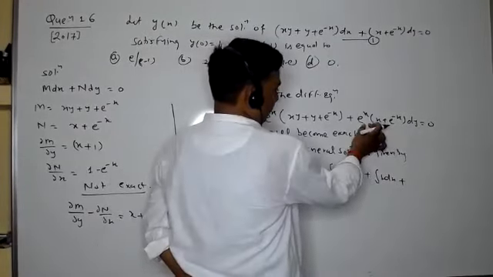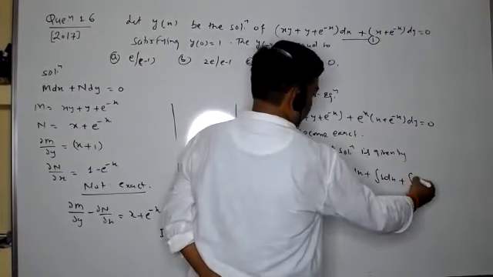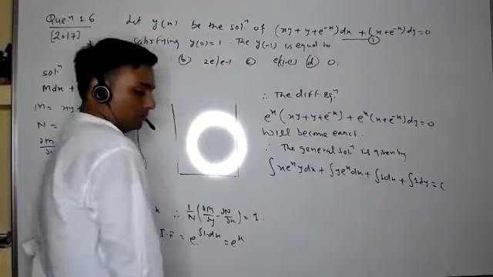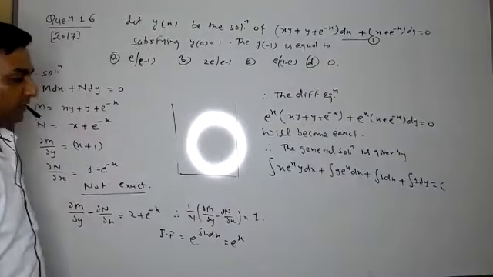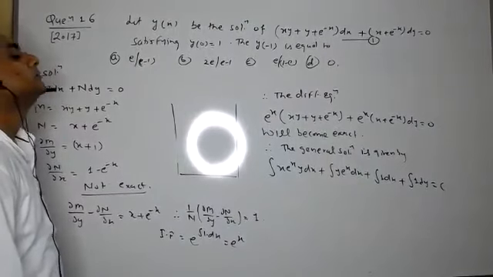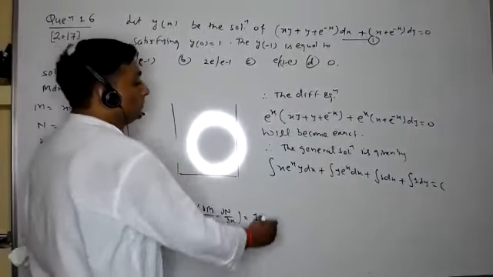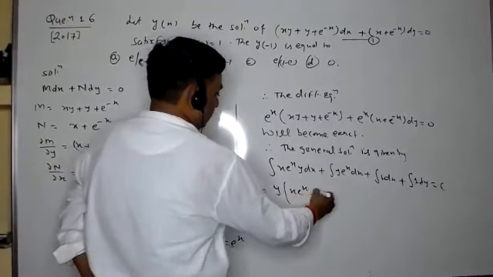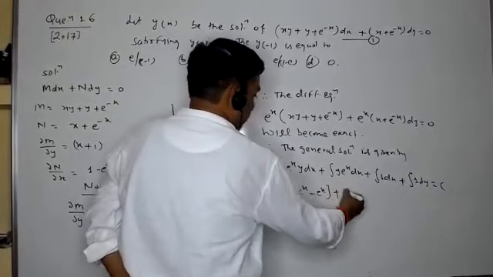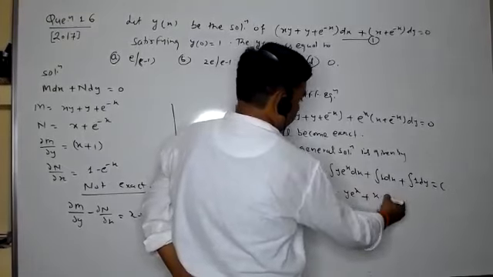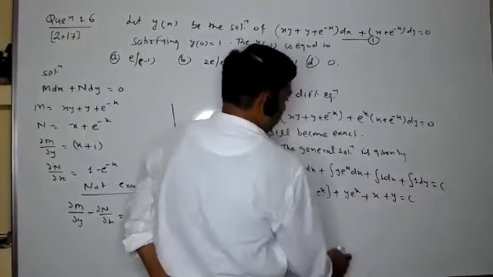This contains x, this contains the constant term, right? Hariom, did you get that point? Yes, sir. So this will ultimately come out as x e raised to the power x minus e raised to the power x, plus y e raised to the power x, plus x, equals c.